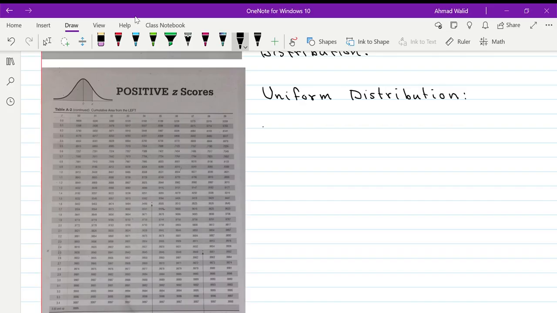If we give a simple definition for it, all values have the same probability of occurring. Correct? All values, they have the same probability.